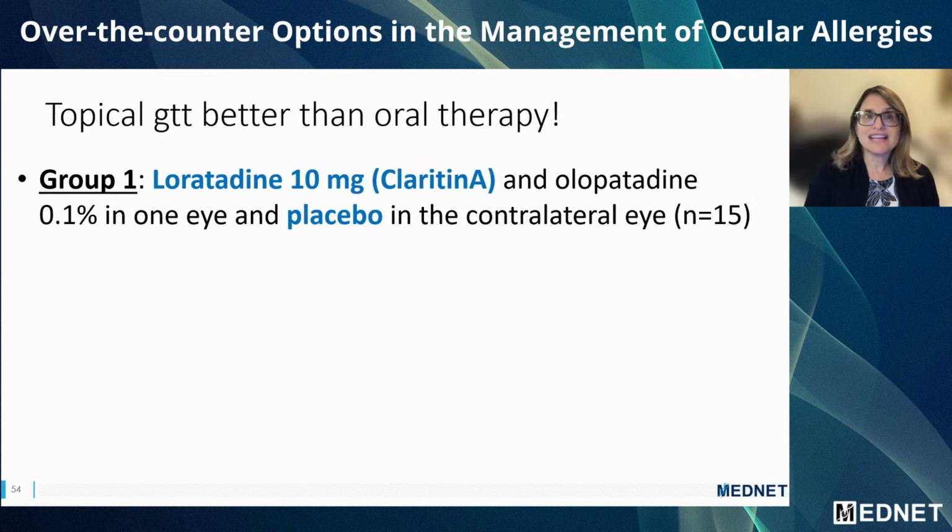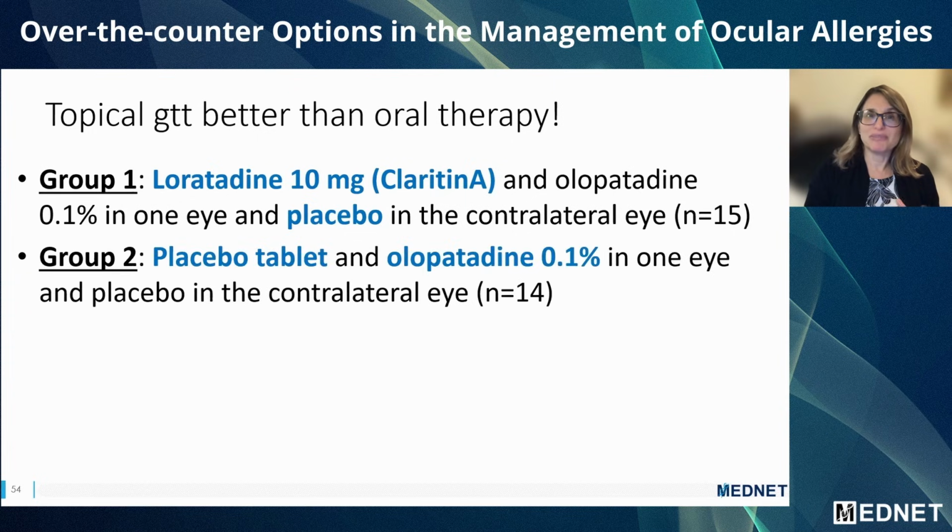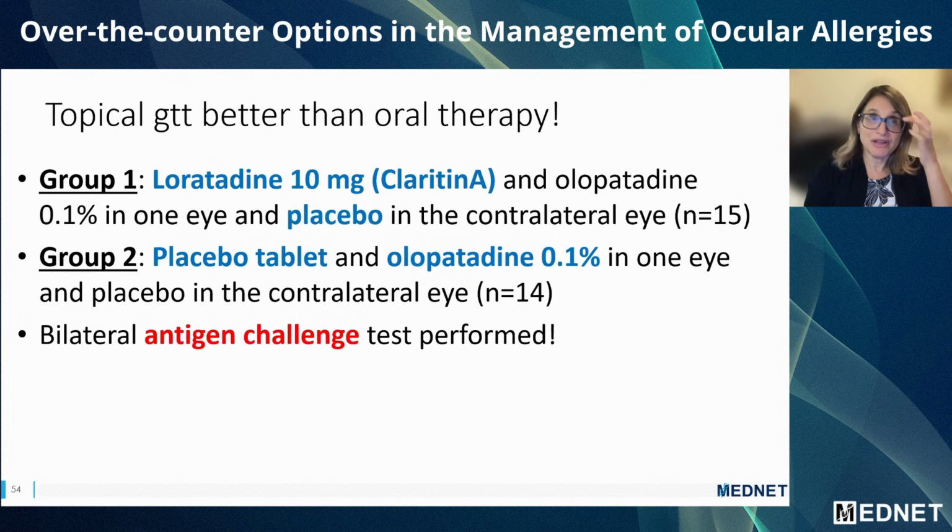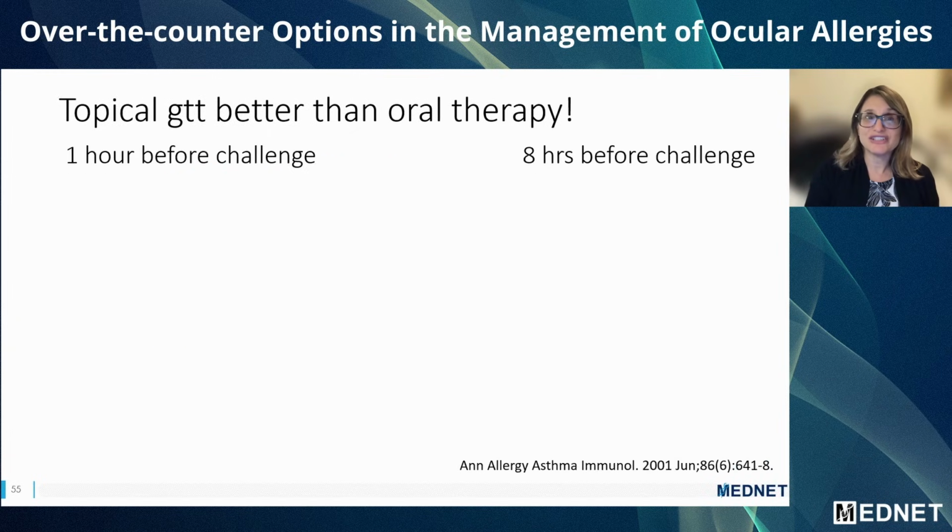So one study looked at loratadine, which is an oral medication, versus olopatadine versus placebo. And it was complex because in one group, they got both the loratadine with the olopatadine, and in one, it was a placebo tablet versus the olopatadine eye drop. And in all the groups, they got the CAC antigen challenge.